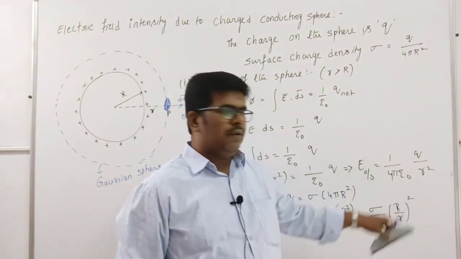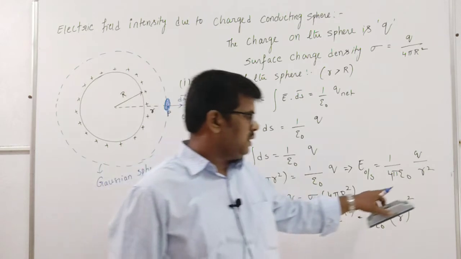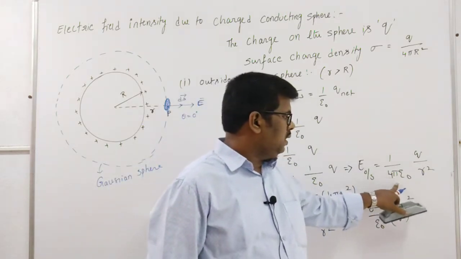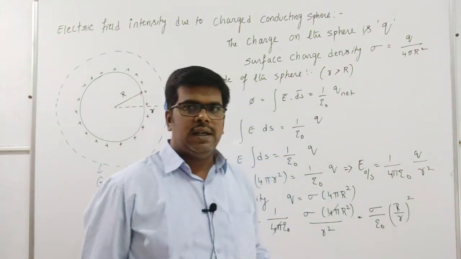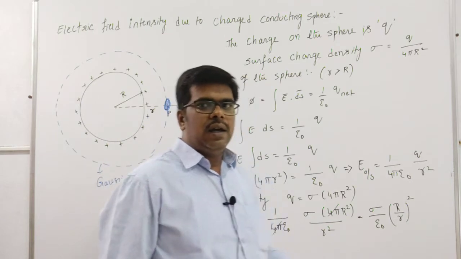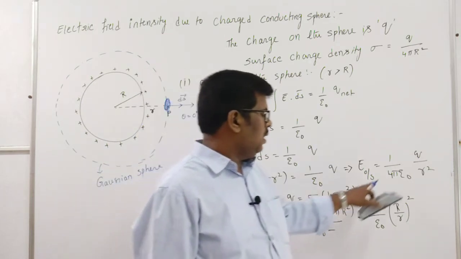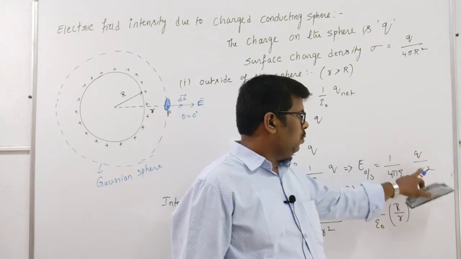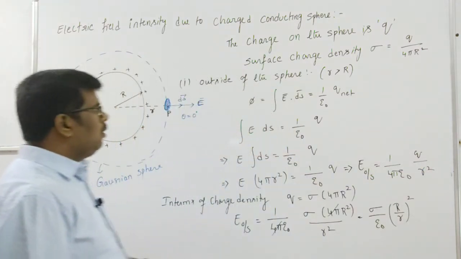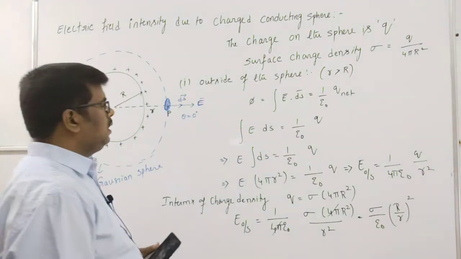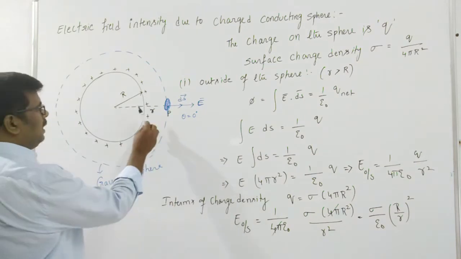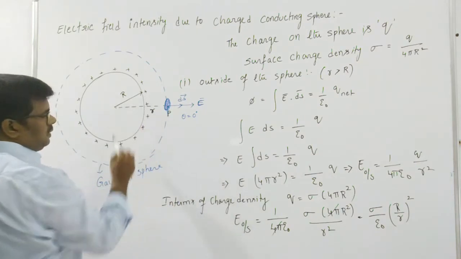Or else, generally, if you write in terms of charge only, we have the general expression due to a point charge at a distance r. What is the expression we have? The same kind of expression, 1 upon 4 pi epsilon naught q by r square. Now we go to the second case: what is the electric field intensity on the surface?